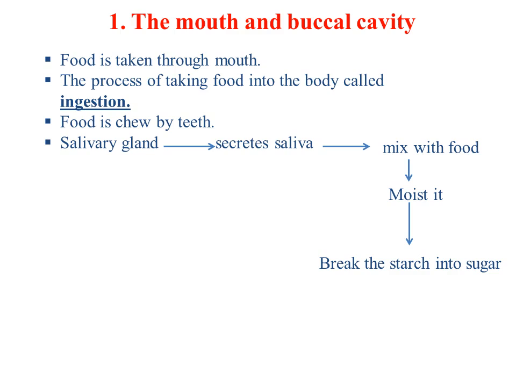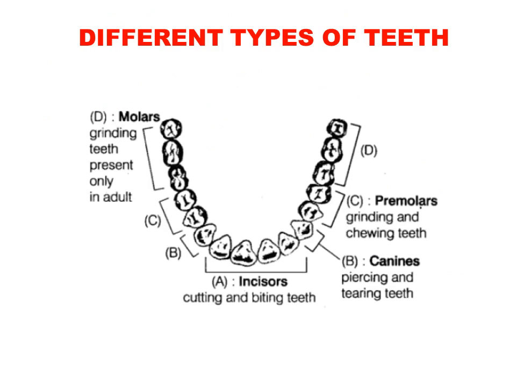The salivary glands secrete saliva, which mixes with the food and moistens it, and then the food breaks down. We have already learned about the tongue, that muscular organ, fleshy in nature, attached to the base of the buccal cavity, and it helps in mixing saliva with the food, in chewing, and aids in swallowing.